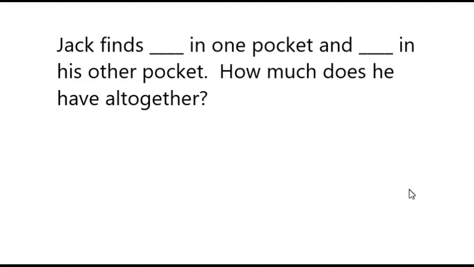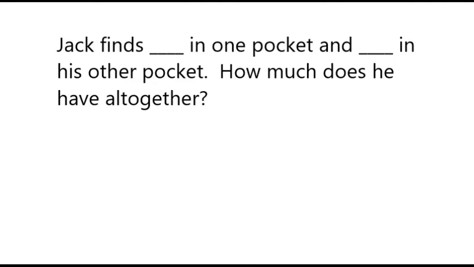And here's our next problem. Jack finds blank in one pocket and blank in his other pocket. How much does Jack have altogether? Well, let's see about building that out and see how that works. Okay, so we know Jack dug in his pocket and came across some money.